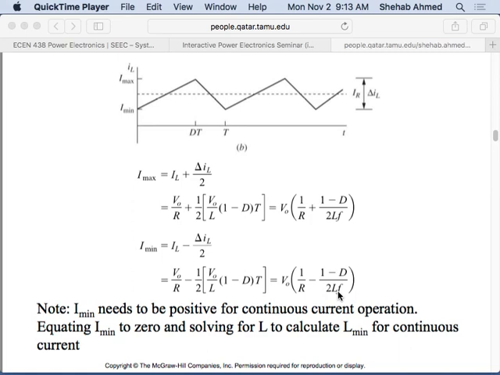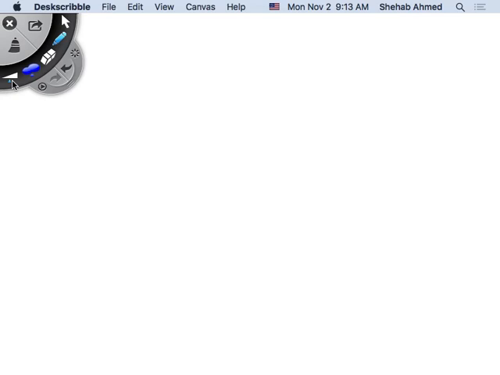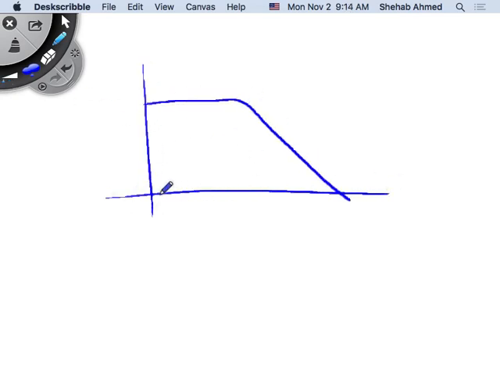Because if you remember very early on, when we were talking about switches, if this is the current flowing through the switch, and this is V switch, as soon as you turn the switch off, current will take time to fall down.